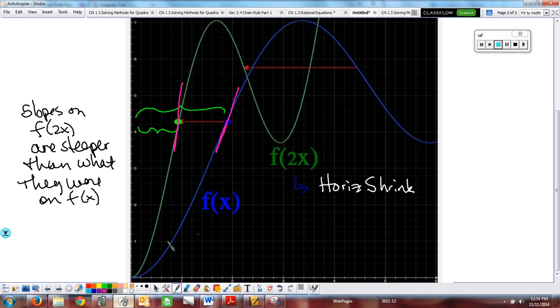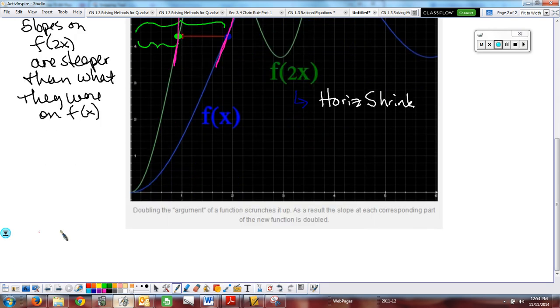Now, another way to think of this in layman's terms is to look at the x-axis on f of x and think of it like a treadmill that's not moving. So the rate of change that you see on f of x is purely based on the function f's rate of change, how fast it's changing in any given instant.